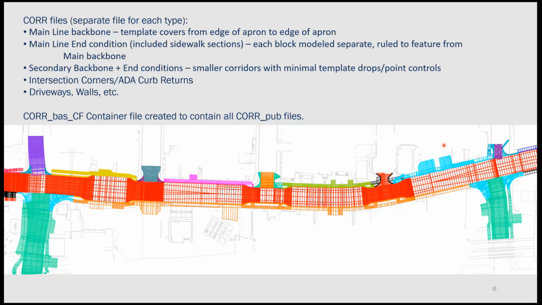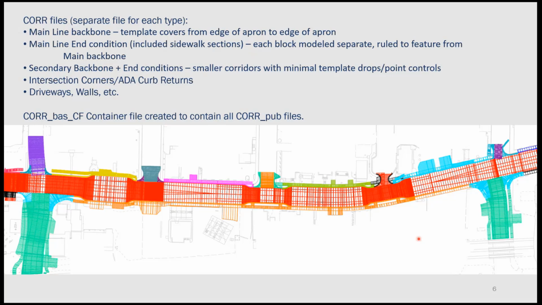I only had to focus on template drops in this section. It cut down on the point controls I had to use. I didn't have to go into the table and manage point controls or parametrics or key stations. And so it cleaned up the amount of processing my computer did and became a much more stable corridor. And so that's how I laid out these corridors.